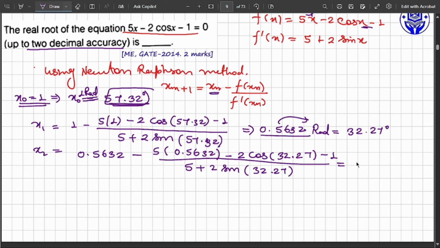Now it will be 0.5425. Now just seeing, it is 0.56 and 0.54, so this is not two places accurate.